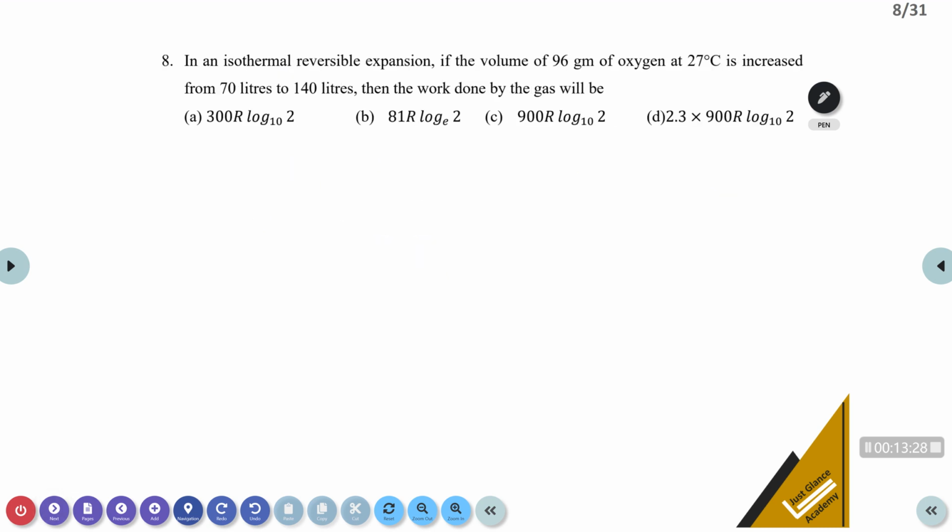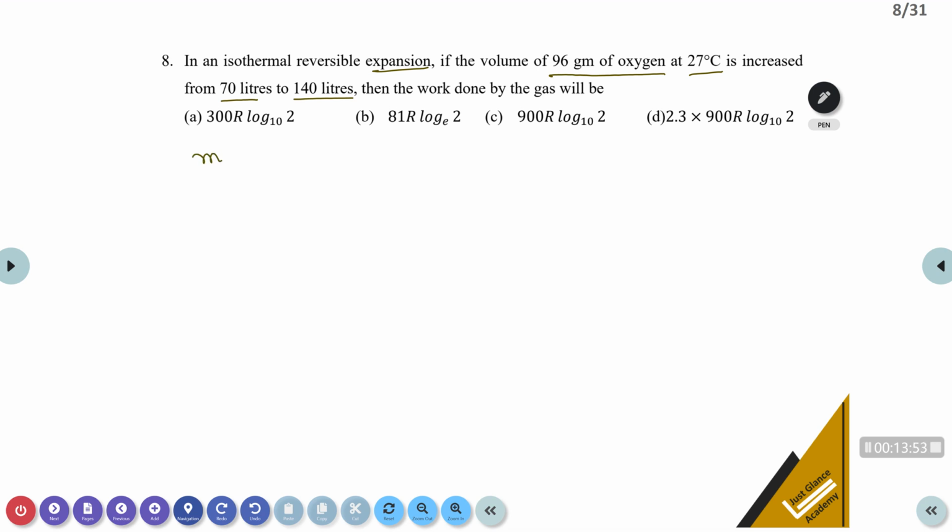Next. Read the sentence. In an isothermal reversible expansion, the volume of 96 grams of oxygen at 27 degrees Celsius is increased from 70 liters to 140 liters, because it is an expansion.